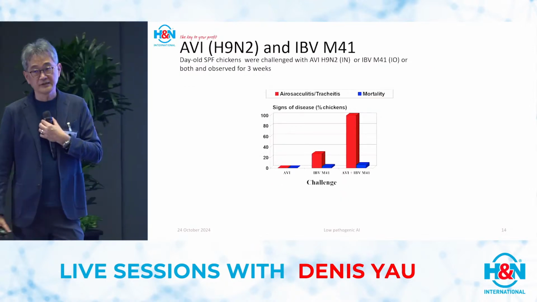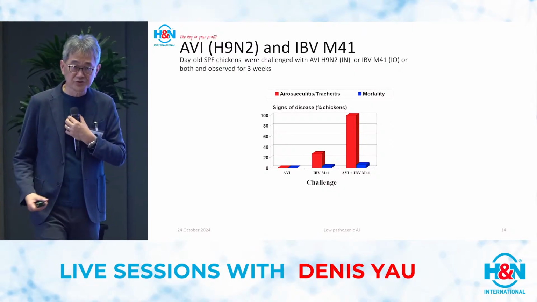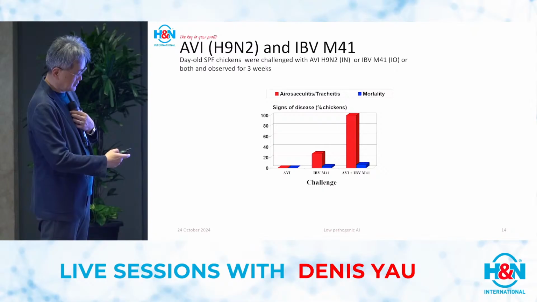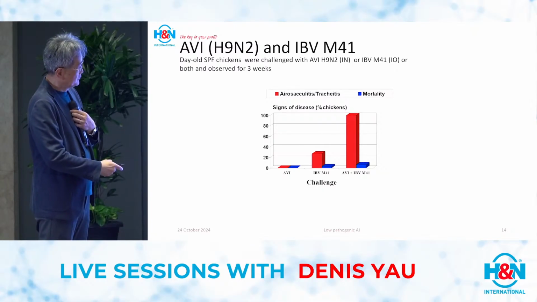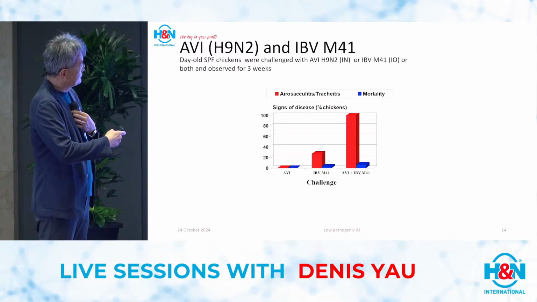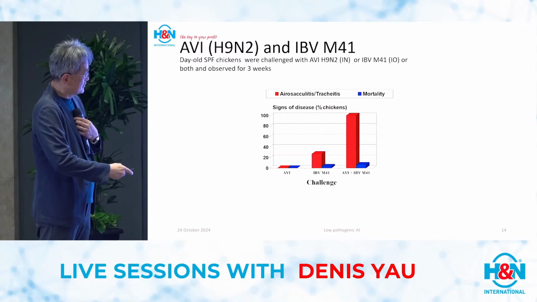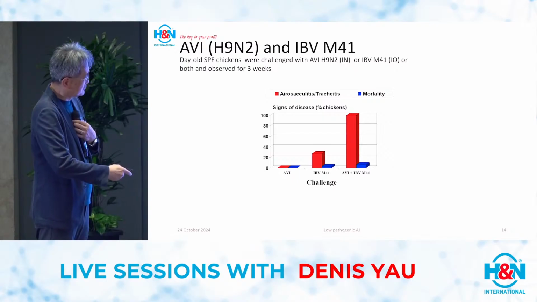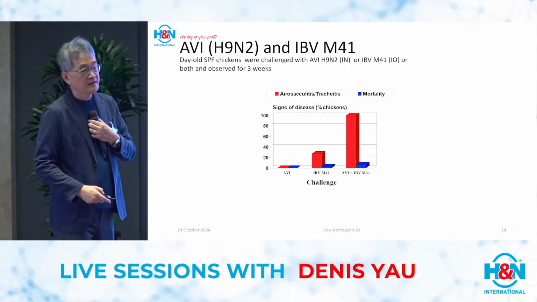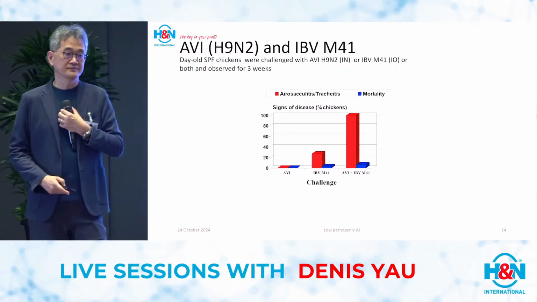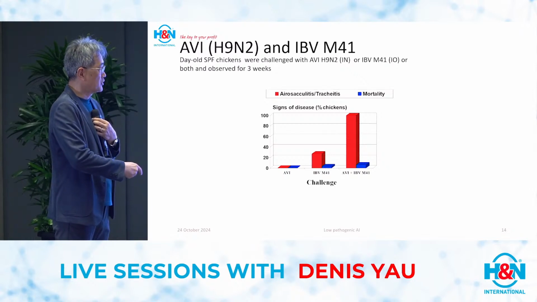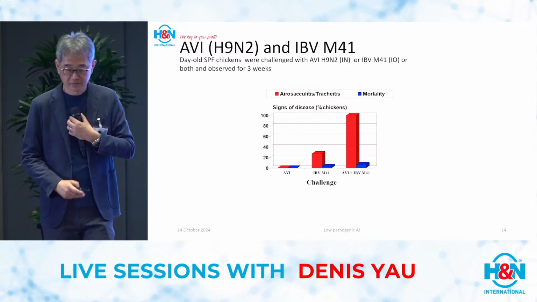And then with the classical IB, Massachusetts, you see here also mortality comes up when H9N2 plus M41, you see a slight increase in mortality. But the worst thing is you see very severe encephalitis and tracheitis, whereas avian influenza alone does not cause any problems.